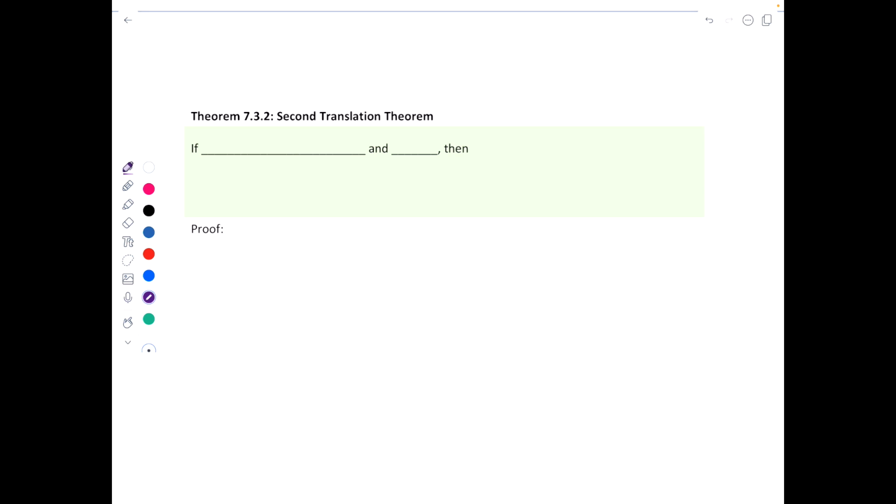If capital F at s equals the Laplace transform of f at t, and a is greater than 0, then the Laplace transform of f at t minus a times that unit step function at t minus a happens to equal e to the negative a times s times capital F at s.